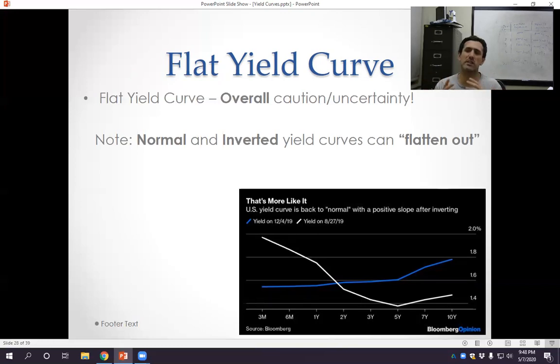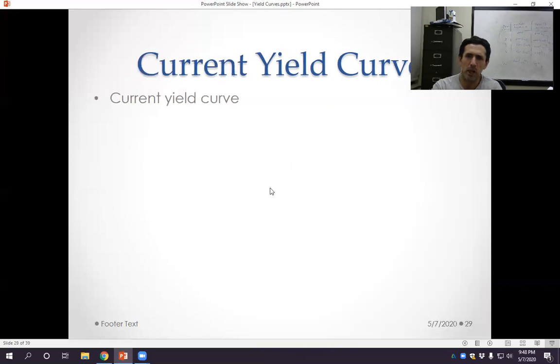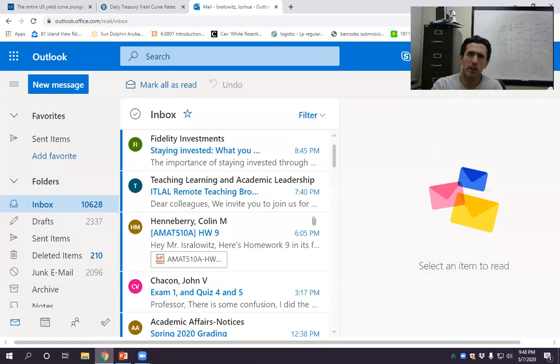But I don't want to get into exactly what sets yield curves flat. It's fairly complicated, but I do want to talk really briefly about the current yield curve.